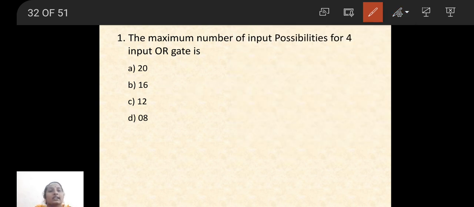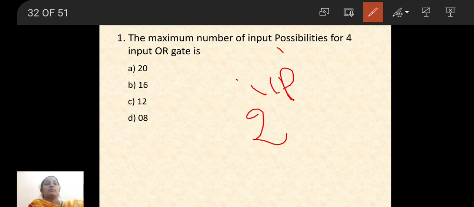So how can we calculate this? Inputs are considered as powers of 2, then we calculate the possibilities. So the number of possibilities is equal to 2 to the power of the inputs.